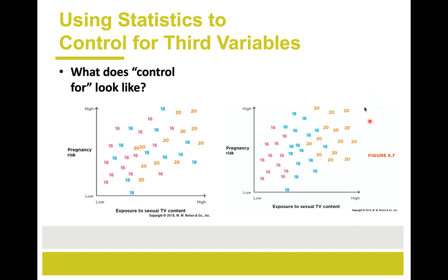On the right over here is what the scatter plot would look like if age mattered, which would be a problem for our causal conclusion. So what if age has an impact on this relationship? Because we can see here, if we just look at 16-year-olds, there's like no relationship. We would draw a flat line. If we just looked at 18-year-olds, we would draw a flat line.